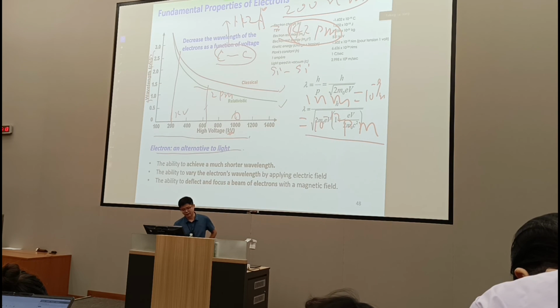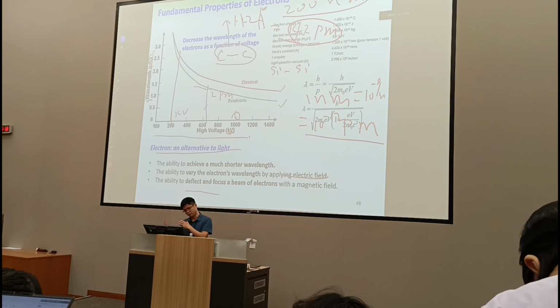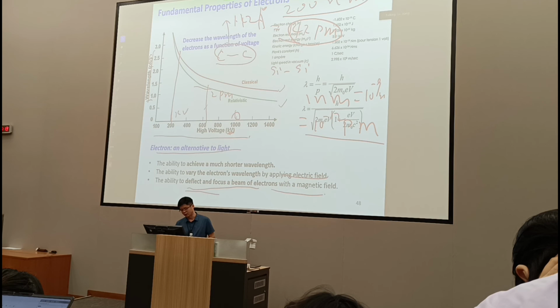In addition to that, electrons also have other good things: you can accelerate the electrons by applying voltage, so you can change the wavelength, right? And also you can focus the electron beam. You are not going to use a single electron; you shoot a lot of electrons. You have the electron beams. Then you need to confine and focus these electrons. Very often we can use magnetic lenses.